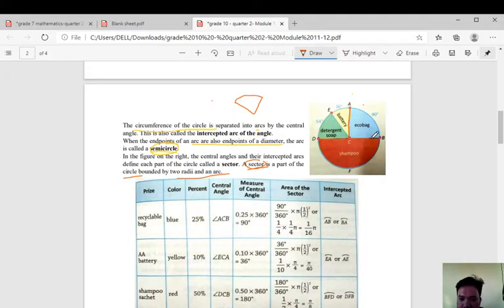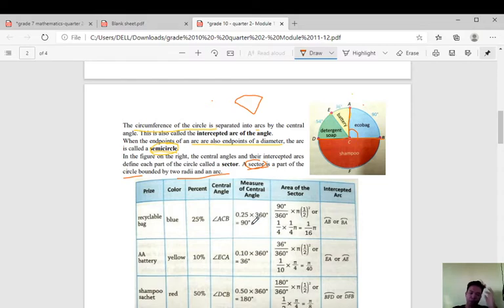Okay, this one. This is the angle ACB. The measure of the central angle, when you say central angle, it is the angle in the center. As you can see, the two radii here form a right angle, then that would be a right angle equal to 90 degrees.